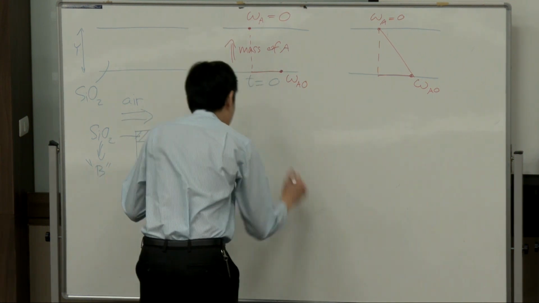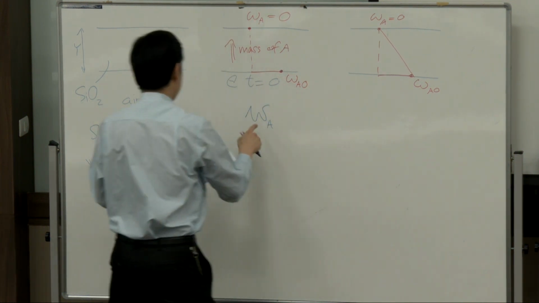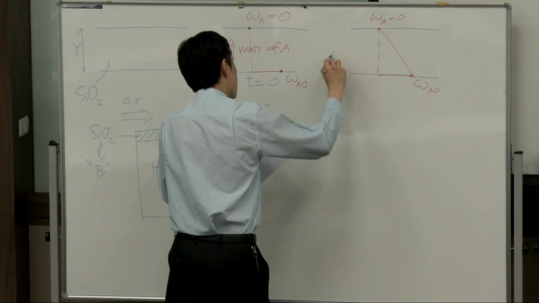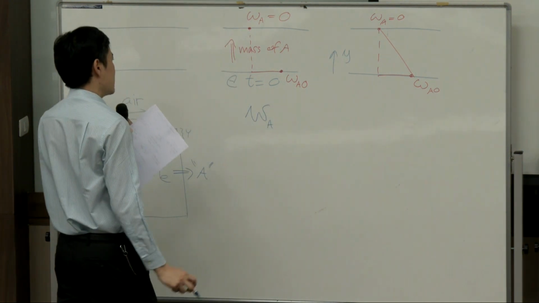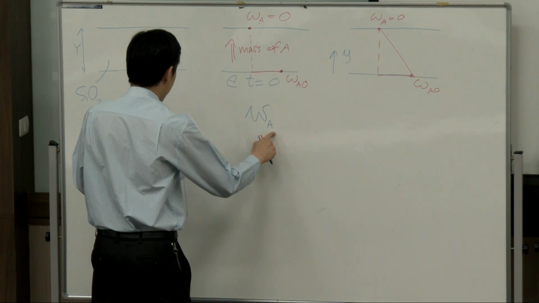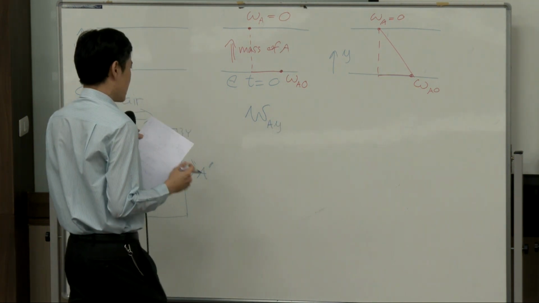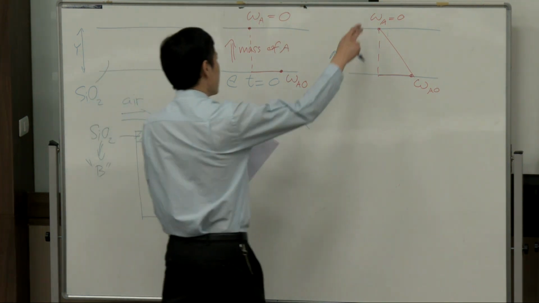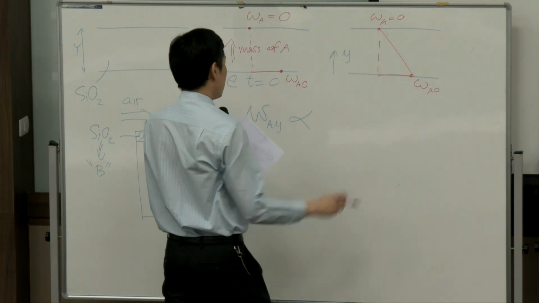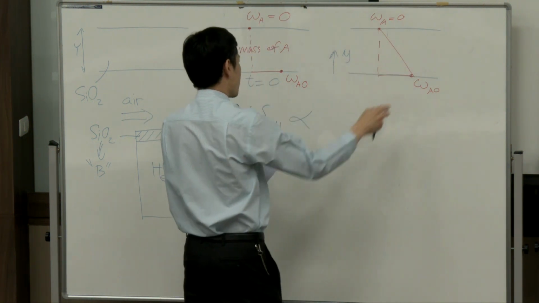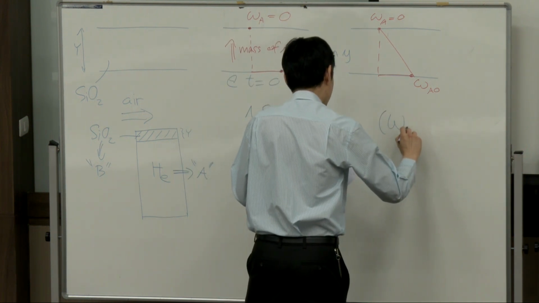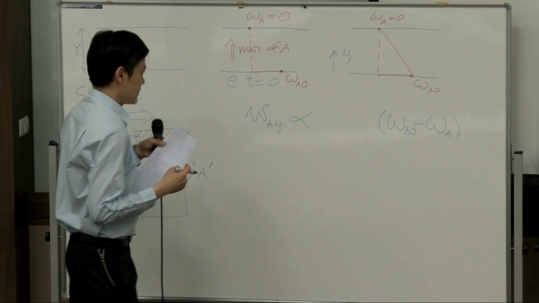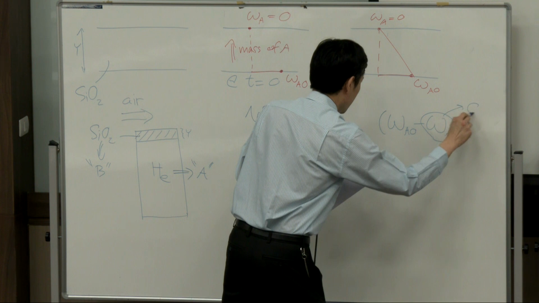Okay? So if I set up, or try to correlate, the mass flow rate of A, this is W, and this is omega, a little bit different. If I call this direction the y direction, as always, the mass flow rate of A in the y direction depends on the difference in concentration. If I'm using mass fraction as a driving force, it depends on omega A0 subtracted by omega A, which in this part is 0, right?